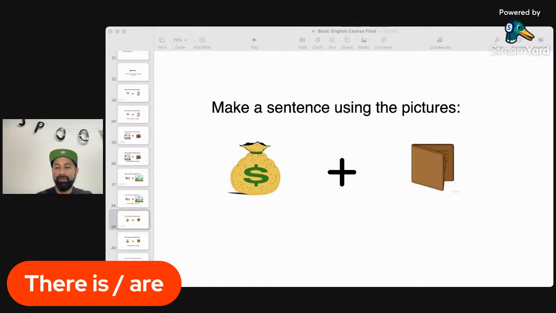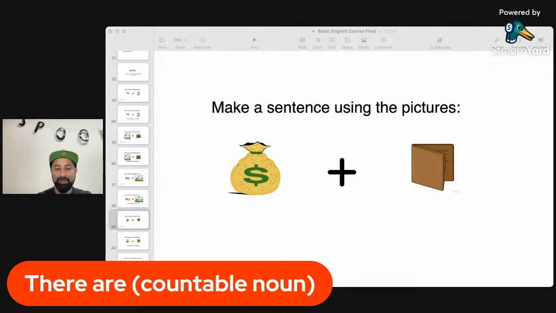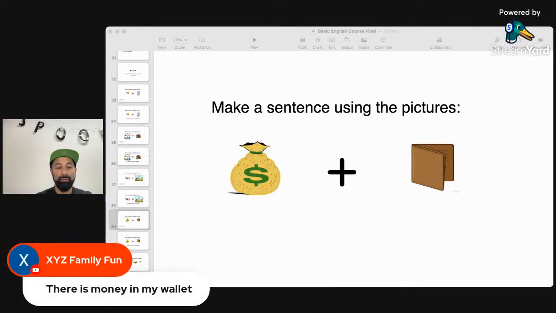All right, so there is or there are. Remember, there is will be used with uncountable or singular countable nouns. This is another tricky one, another difficult one, but it's important that we know because we want to be speaking English correctly. We've got a couple of answers. There is money in my wallet.